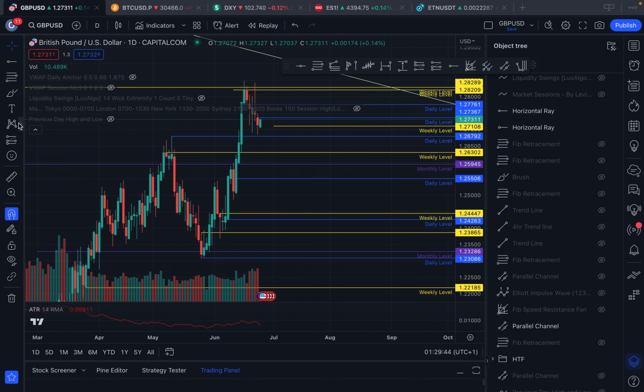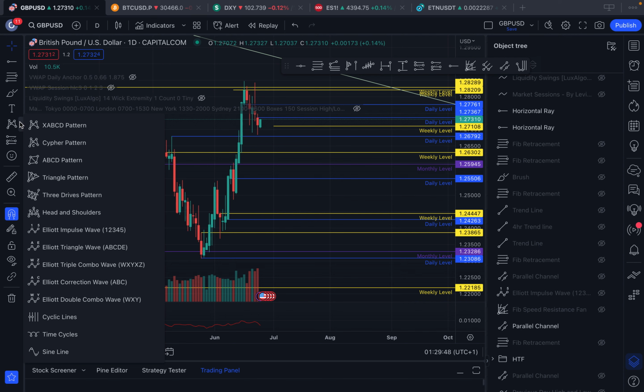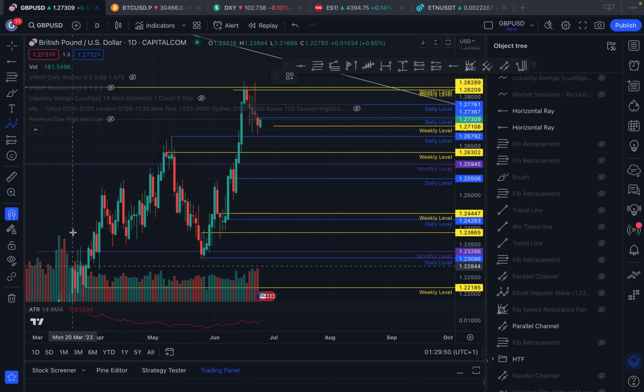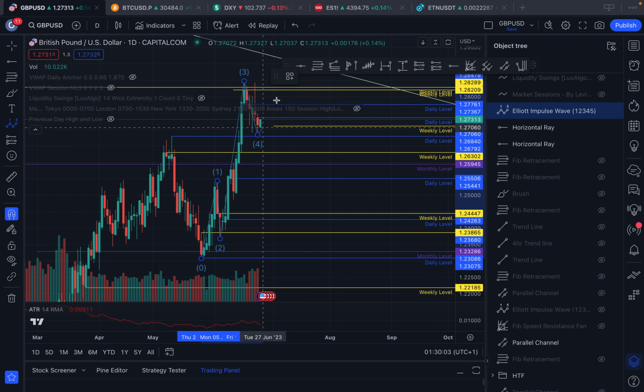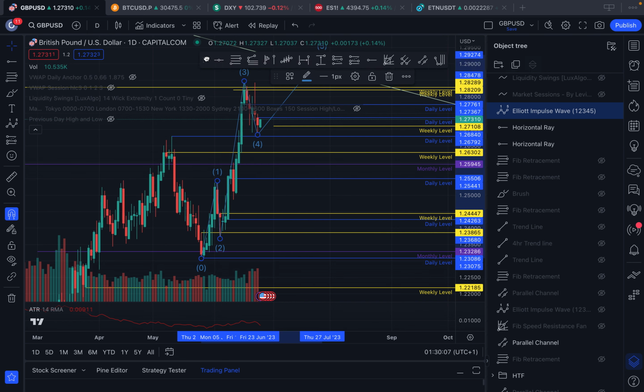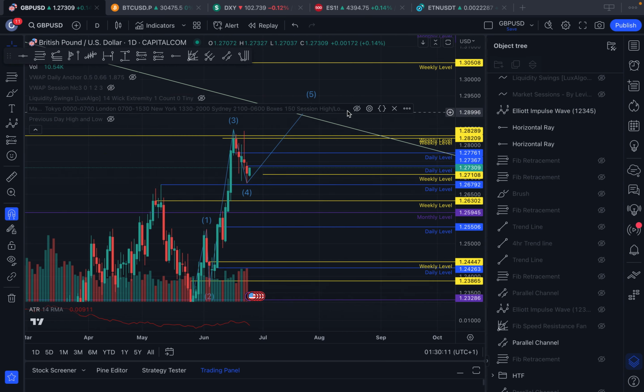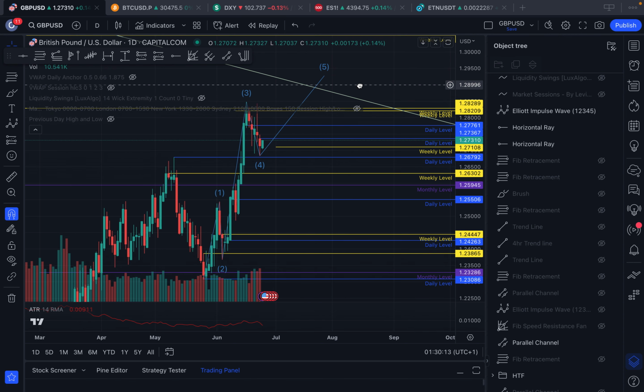So I just want to do one other thing, because if we do an Elliott wave count from here, this is 25th of May, so you have 1, 2, potentially 3, and then 4, and then 5 down here, which would make sense, maybe a little bit higher.